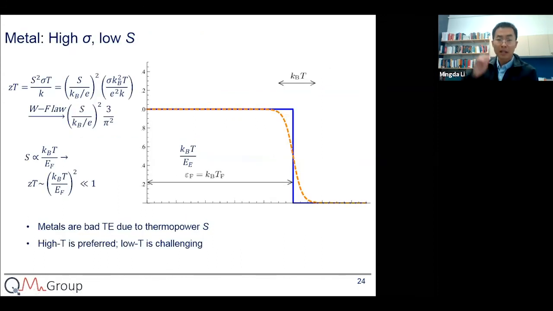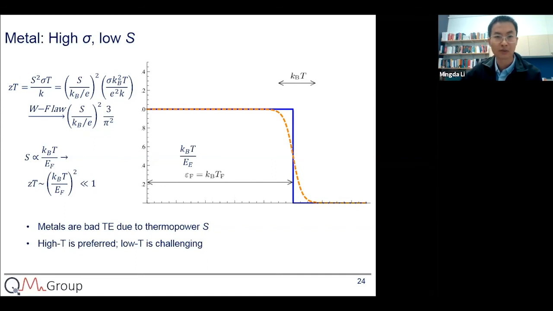So here's why there's an upper limit. Let's first see why metals are not good thermoelectrics. Metals have a very high electrical conductivity, as we all know. However, metals have very low thermopower, because thermopower intuitively is a measure of entropy, just in a different unit. To convert heat into electricity, there have to be enough available states for the carriers to jump into.